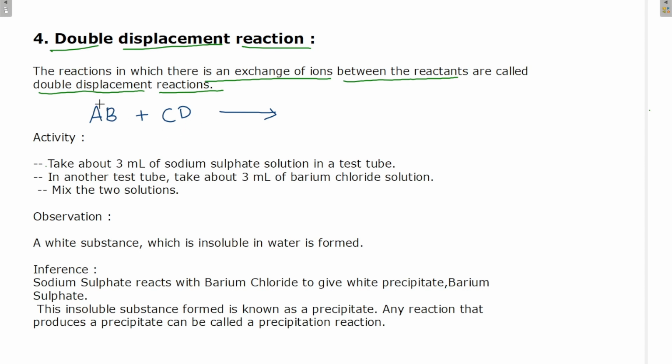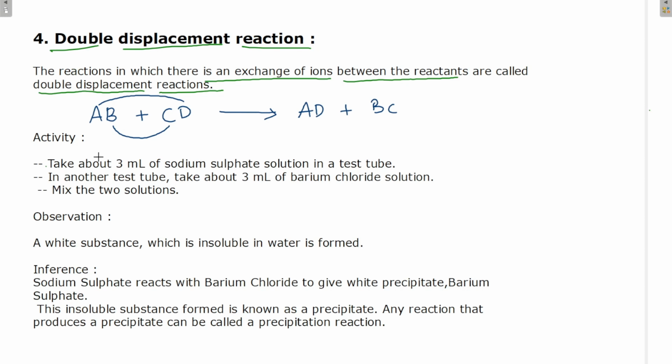The cation of this compound combines with the anion of this compound to form AD, and the anion of this compound combines with the cation of this reactant to form BC. In this way, exchange of ions takes place in a double displacement reaction. We will discuss different examples for double displacement reaction here.